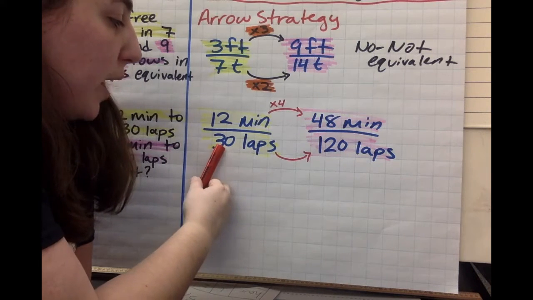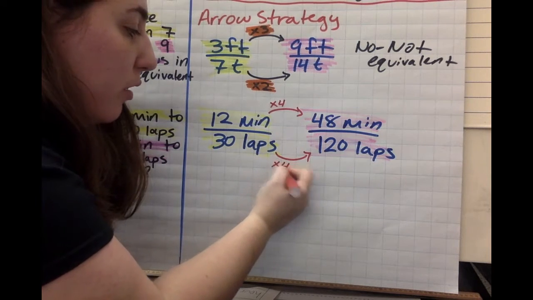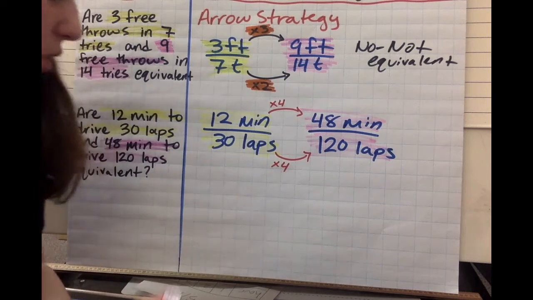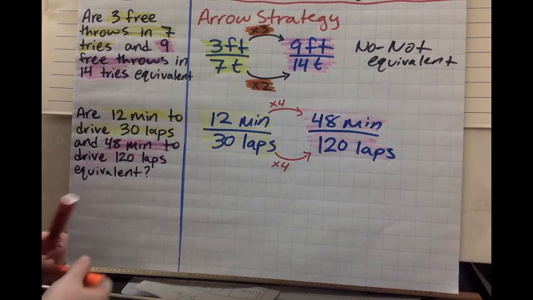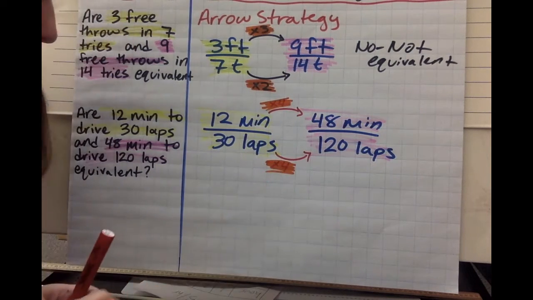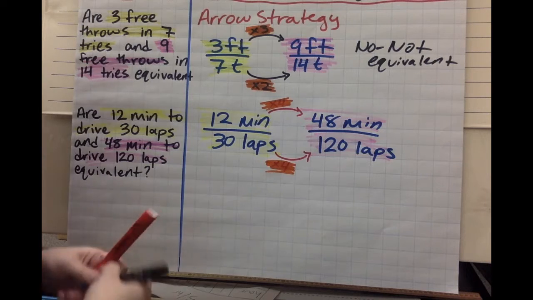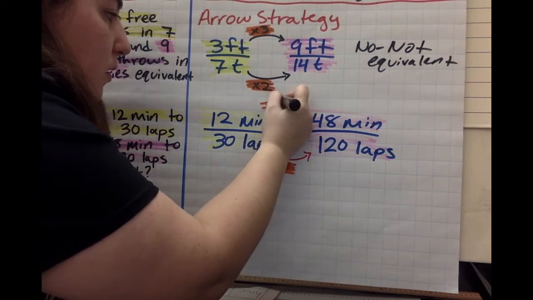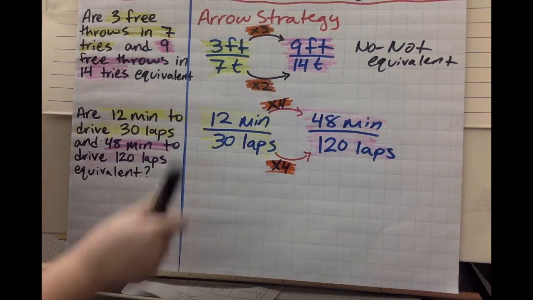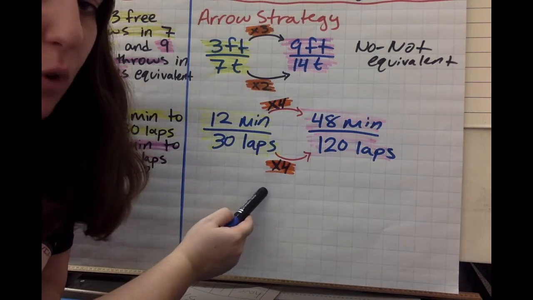So if you multiply 30 times 4, you'll get 120. So again, what I am comparing is this number and this number. Times 4 and times 4.